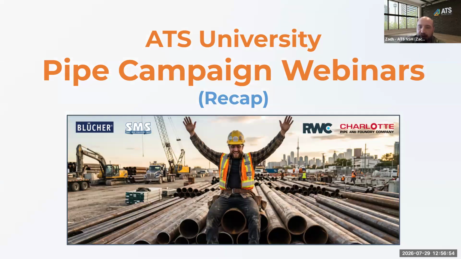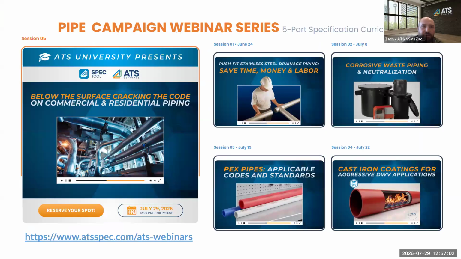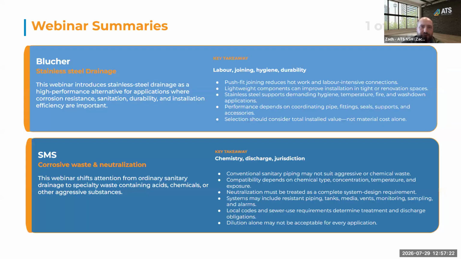And then the key part that we have here at the end is just a quick recap on what we've covered with Blucher, SMS, RWC, and Charlotte. We called it pipe month. We went through stainless steel drainage and piping. We covered corrosive waste piping and neutralization with SMS, PEX piping and distribution with RWC, and then our cast iron and coated piping with Charlotte Pipe.